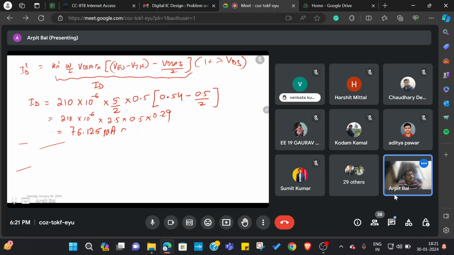Roughly we can say it is 76 microamps. This is ID.